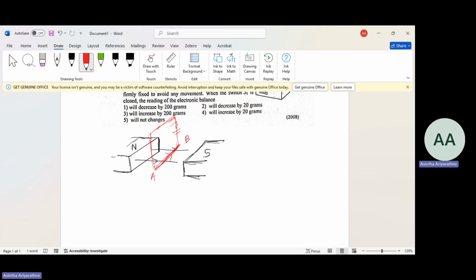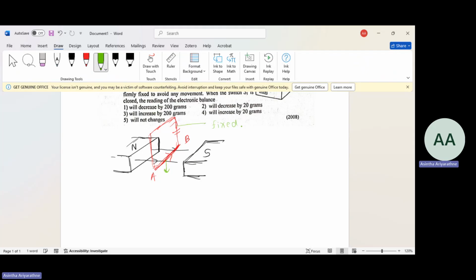Then we can find the force using Fleming's left hand rule. Point the forefinger towards the direction of the magnetic field and the middle finger towards the current. So the force acting on the wire loop is downward.